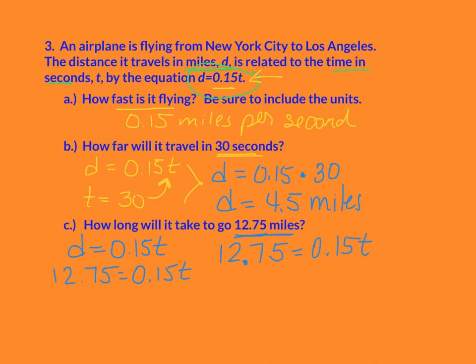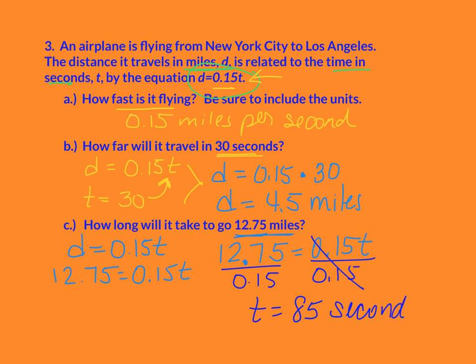So if I'm multiplying by 0.15, it makes sense that I should divide both sides by 0.15. These two cancel. I'm left with t equals, as always, use that calculator, 12.75 divided by 0.15 is 85, and that our time is in seconds.